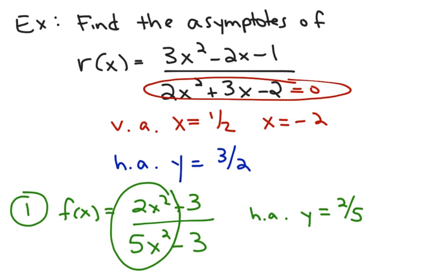If you graph this on your calculator, though, one of the things you'll notice is that the part of the graph in the middle does actually pass through the horizontal asymptote.